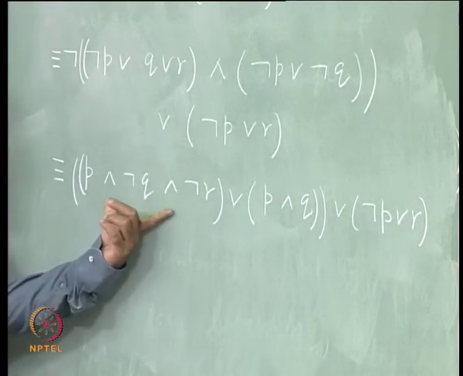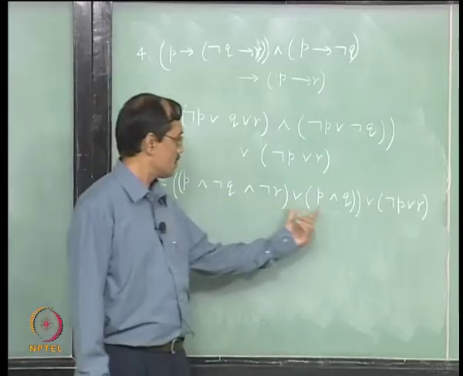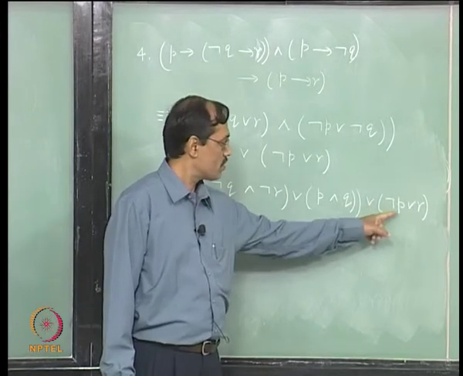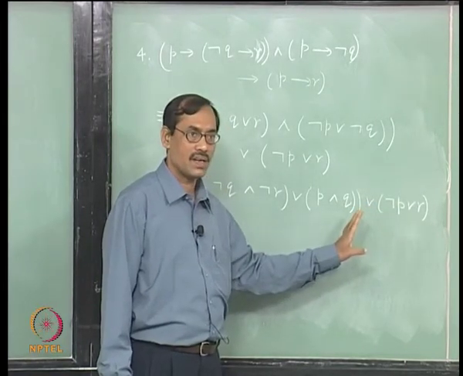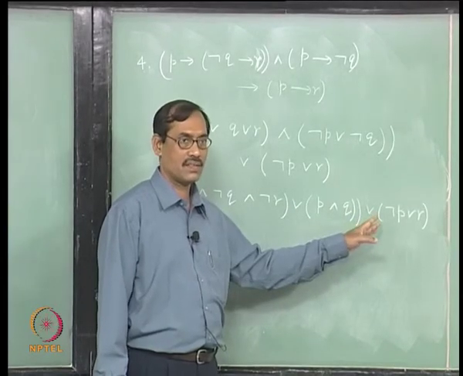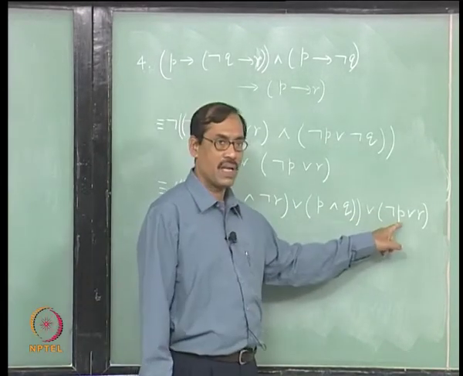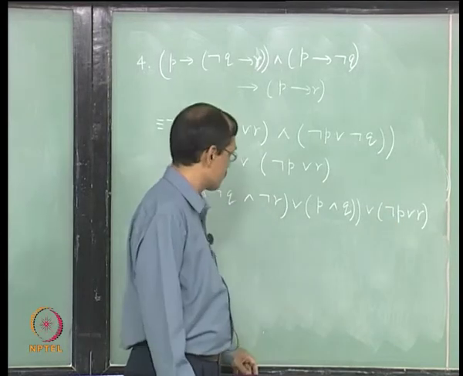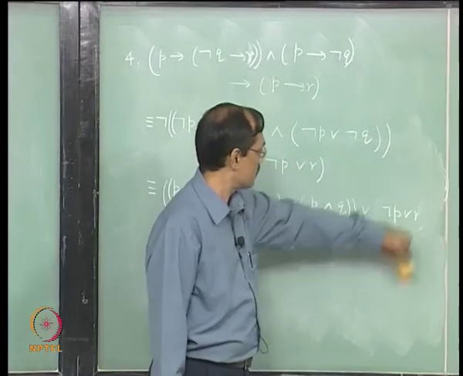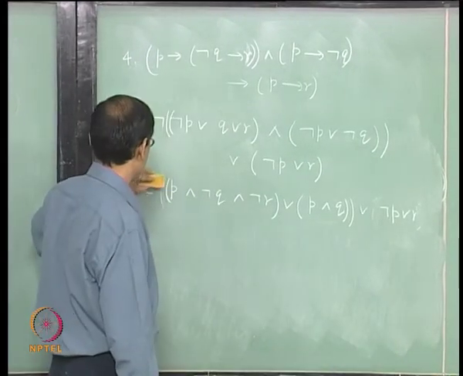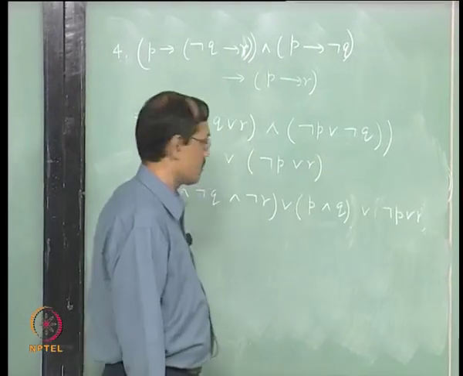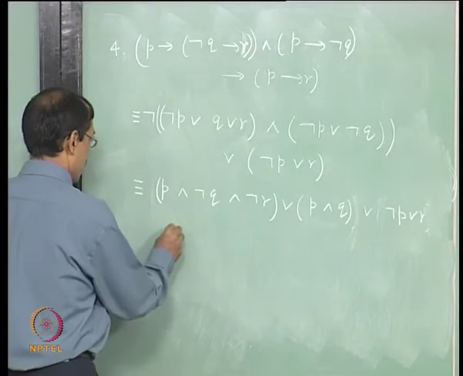Now, you observe this is a conjunctive clause, this is a conjunctive clause, or is here, or is also here. So, I should remove these two brackets, that is all, they are all ORs, right. So, that not P itself will become a conjunctive clause. So, I just remove and remove this. Right. So, this is in DNF.